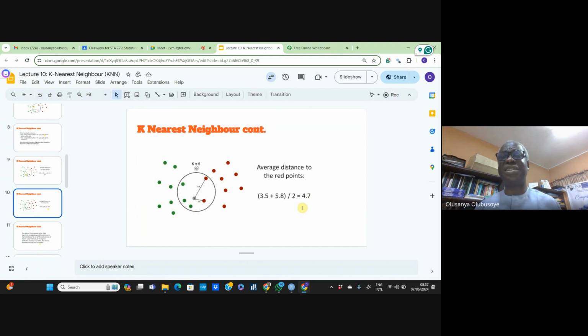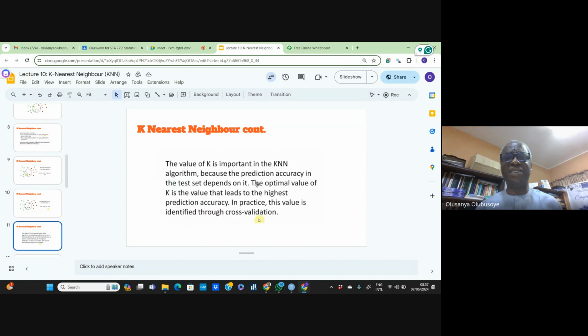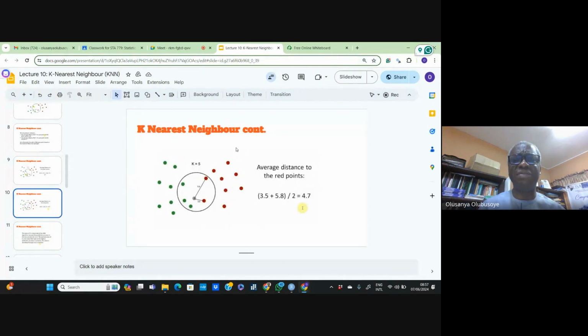But again, the emphasis is that you need to know which K to choose, and that is the most difficult thing in this algorithm. We will always be looking for the optimal K, because I've chosen K here, but nothing really suggests that I should choose 5.